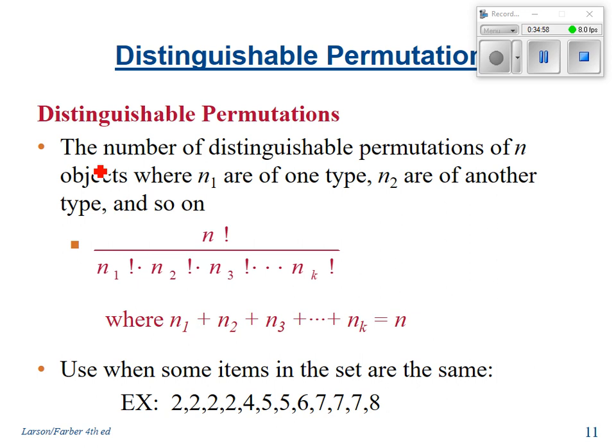Distinguishable permutations. We want to use the letters here in Gage's name, and we're going to make new words out of them, but we want them to be distinguishable. So in other words, is everybody watching? Did you see me switch the two E's?